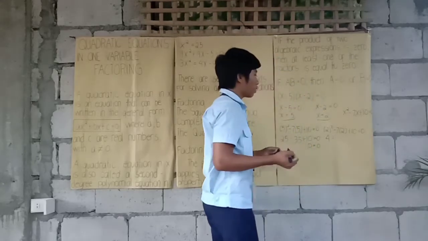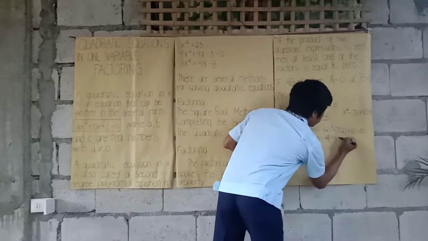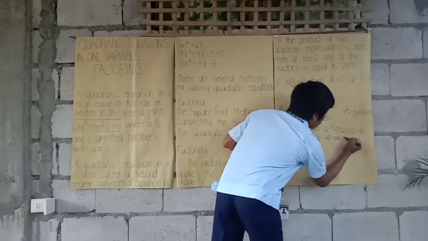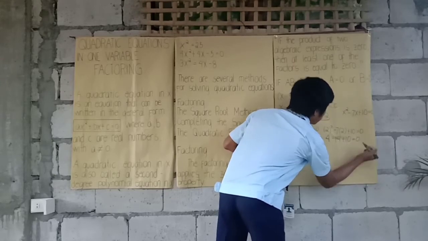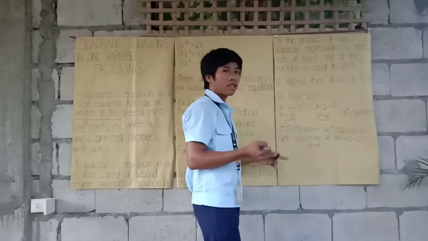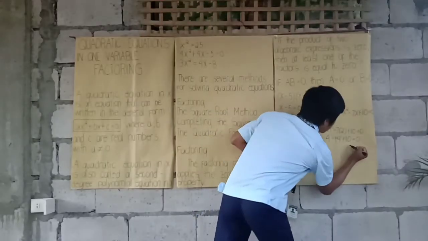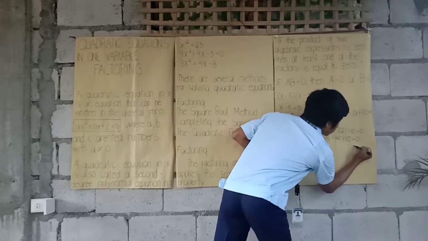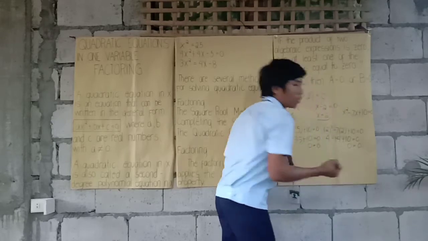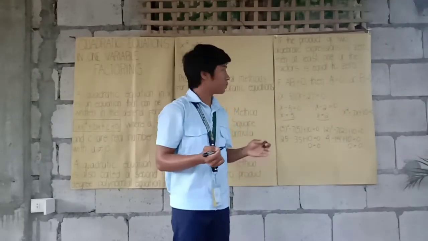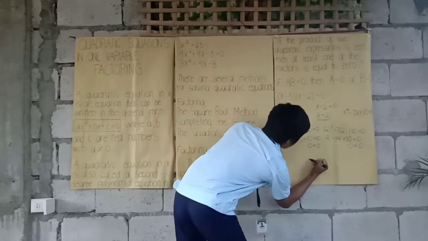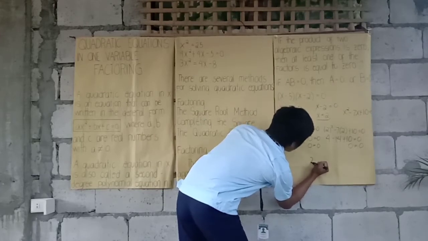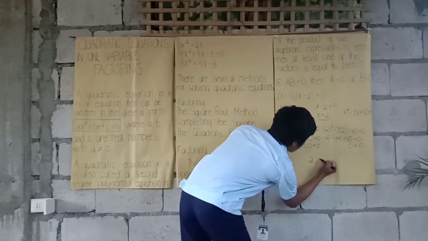Minus 7 times 2, 14, plus 10 is equal to 0. So 4 minus 14 plus 10 is equal to 0. So ibig sabihin, true statement to. So ang the solution set is 2 and 5.